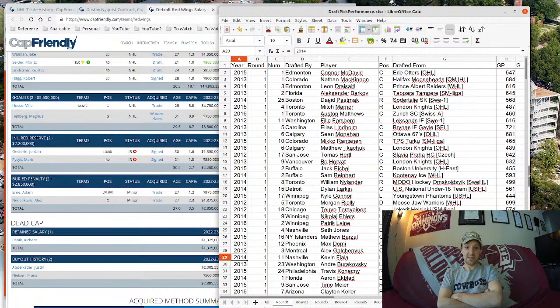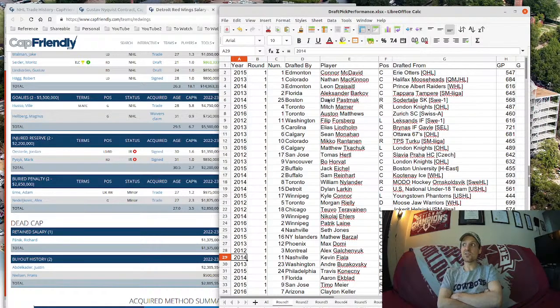The rest, what's the point? I wouldn't be able to justify it because, like I said, you've got all these different people in free agency. There's always somebody available. There are some people that don't get signed.